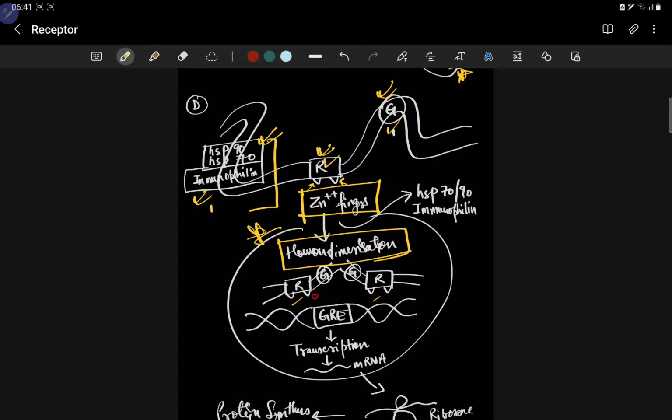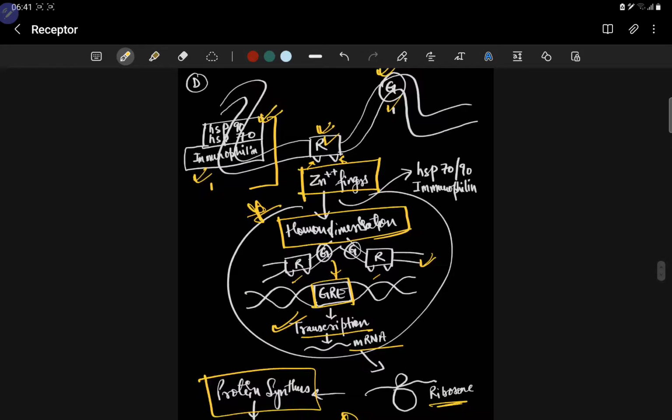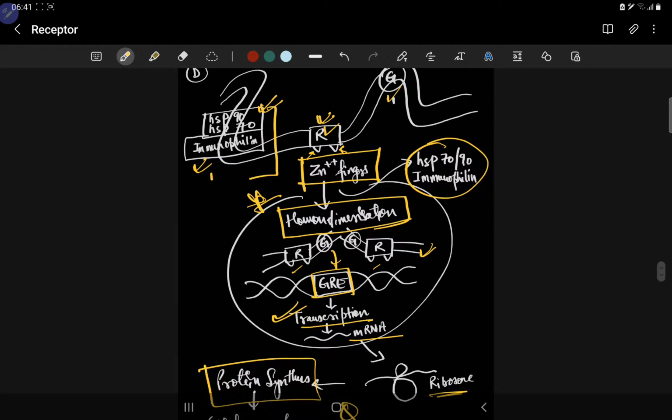It will form a product, okay, which will act on the GRE element, and there is a change, and there is transcription and mRNA, and then ribosome will help in the protein synthesis, and there is a cellular response. Okay, so this is just for a moment of dimerization.